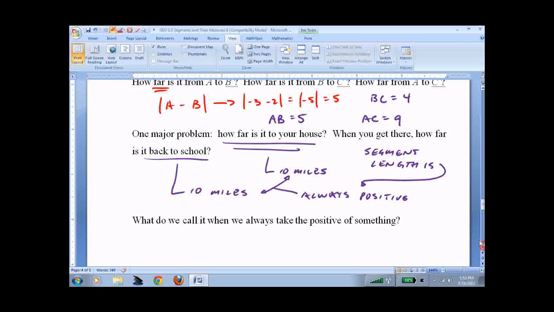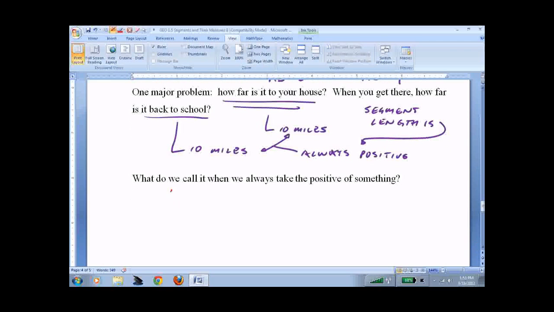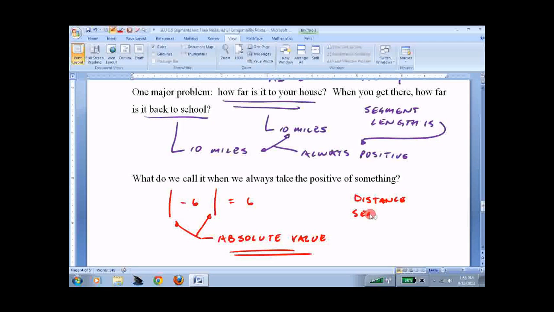What do we call it when we always take the positive? Call it absolute value. Distance, segment length, always positive.